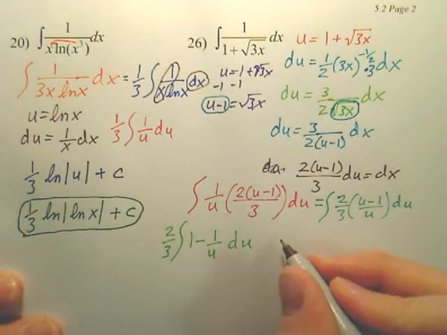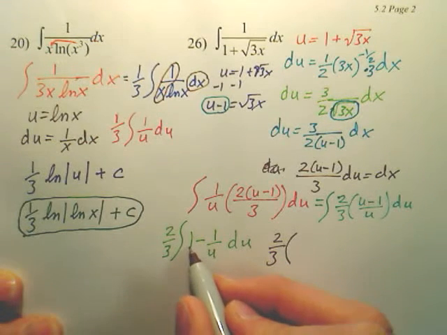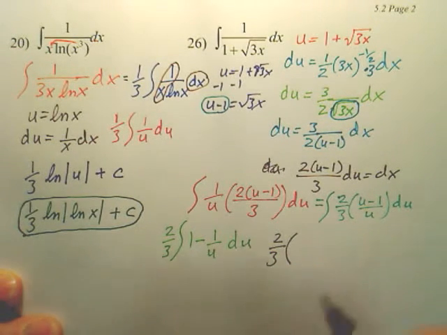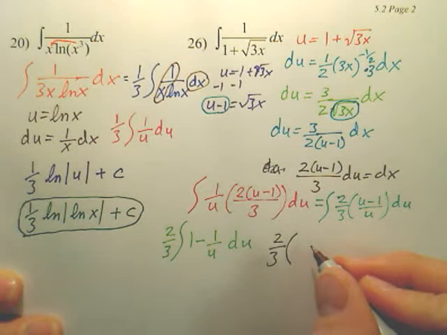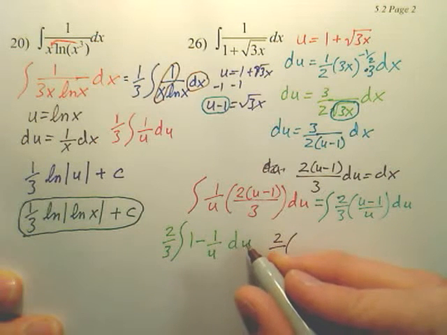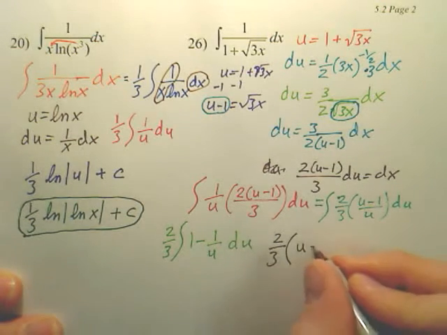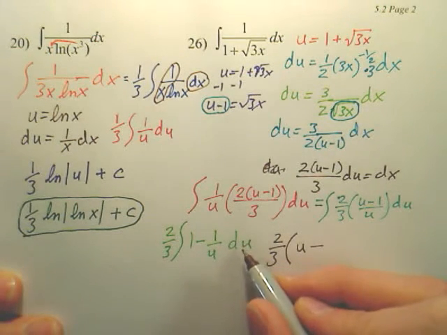Which ends up giving us a simple answer of 2/3. The integral of 1 is x, but no, it's u. What are we in terms of?